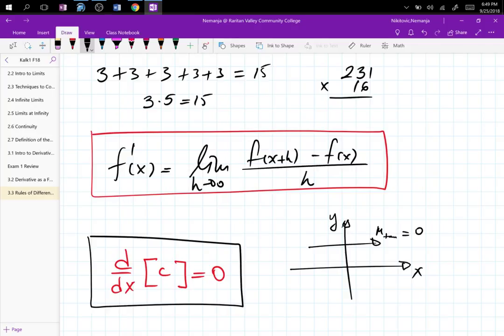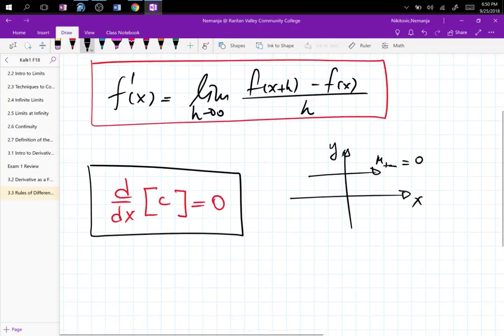Good. There is no change. Very good. So I heard you also say that. The derivative measures change, right? What is the change in a constant? There is no change in a constant, right? Those terms are mutually exclusive. Stuff is either constant or is changing. So the derivative of a constant is 0 because there is no change.